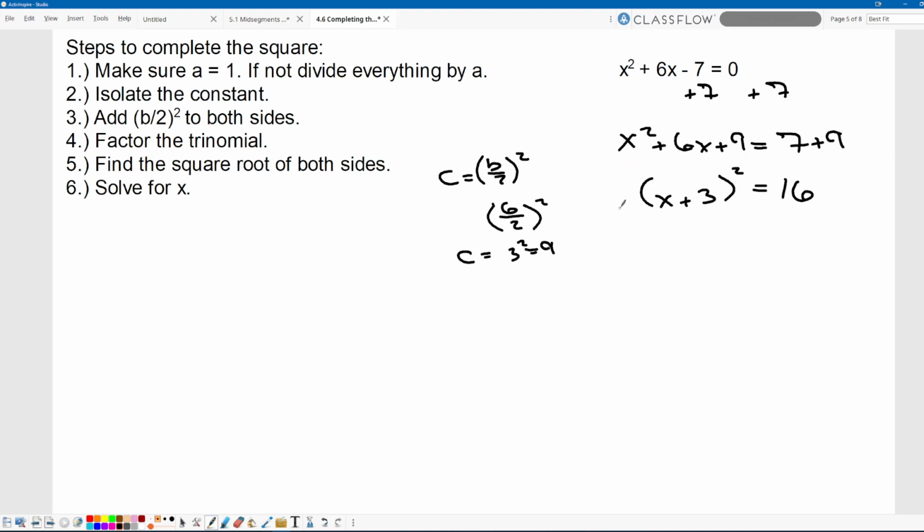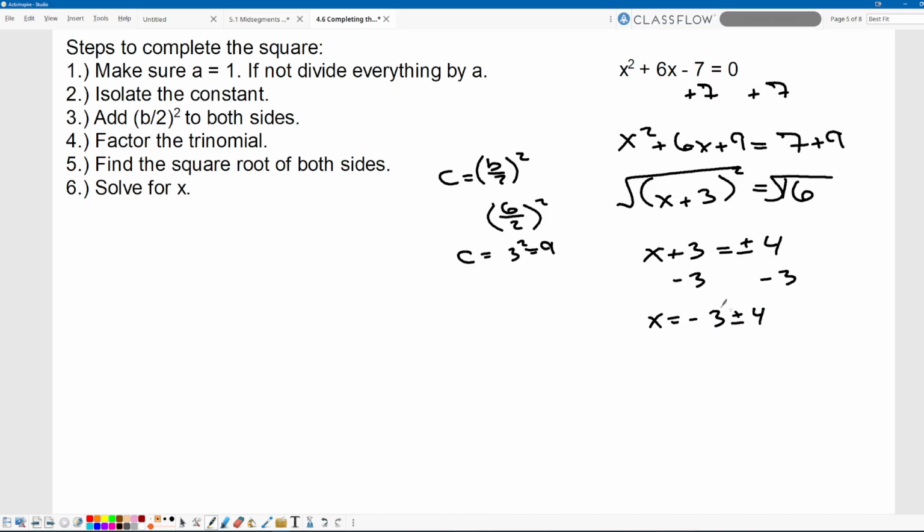I can take the square root of both sides. When you take the square root of the left side, what happens is that square just cancels out with the square root, and you have x plus 3 is equal to, on the right side, the square root of 16 is plus or minus 4. Then I'm going to go ahead and subtract 3 from both sides. So you get x is equal to negative 3 plus or minus 4.